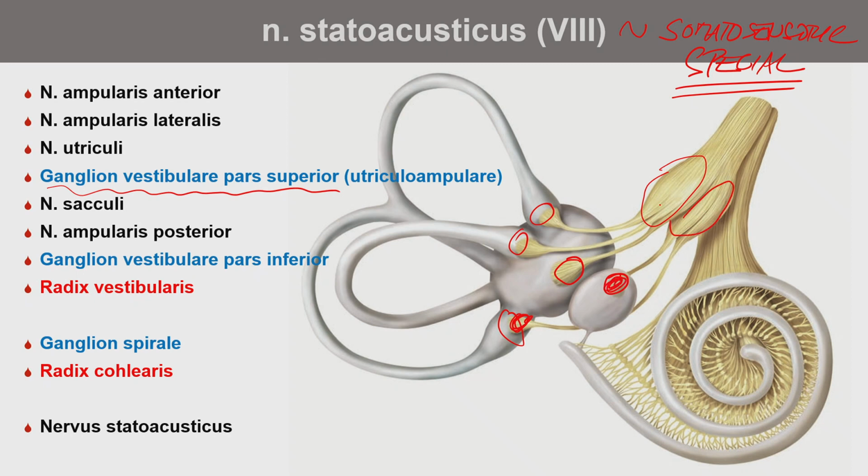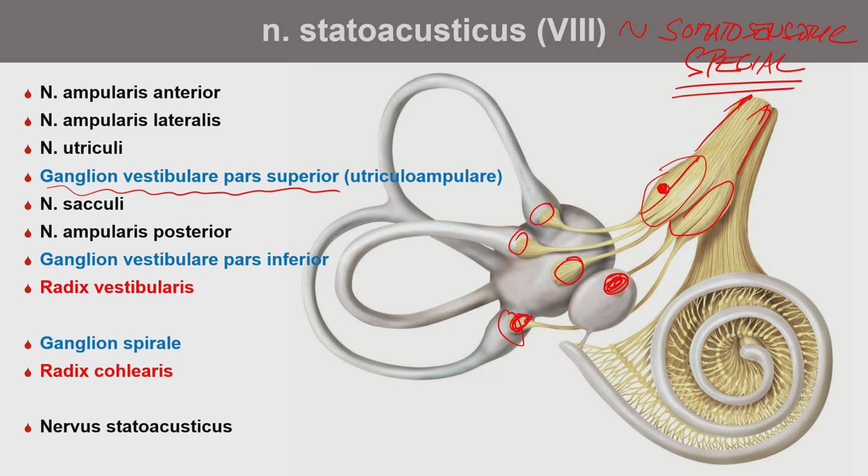Here, this is the inferior part. And then it's joined, here it's relayed again, the information. So this is also something similar to a spinal ganglion, and the information is going into the vestibular nuclei.